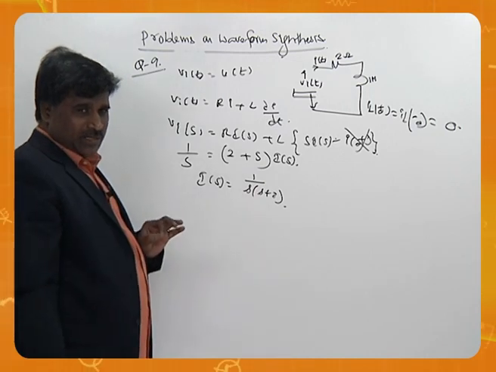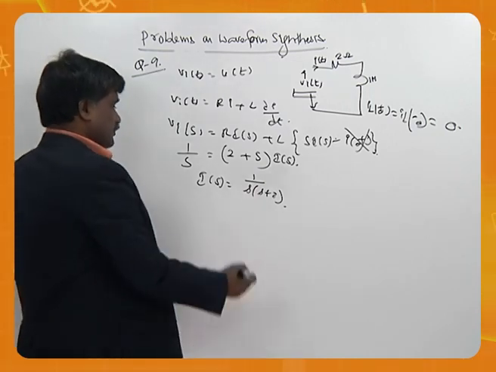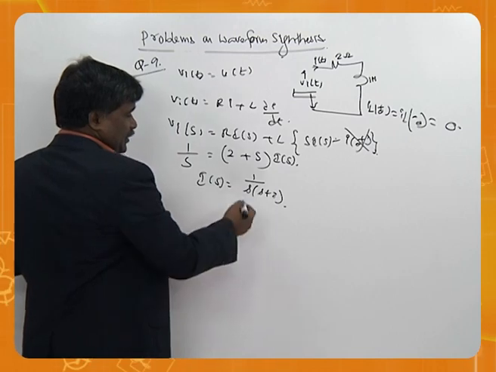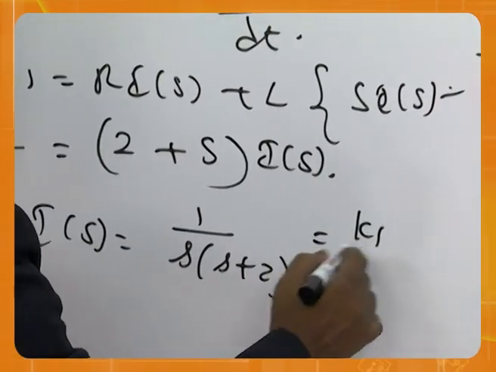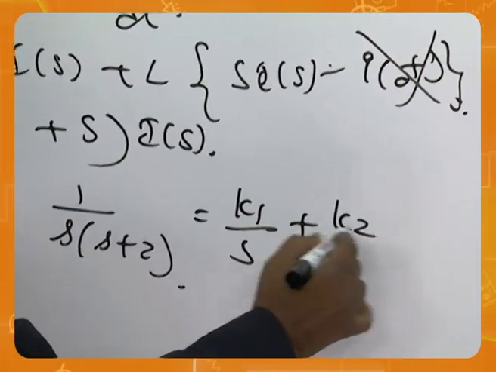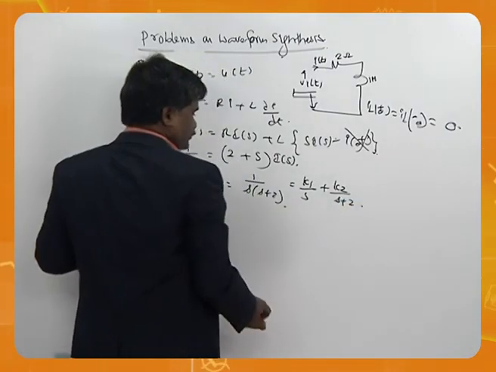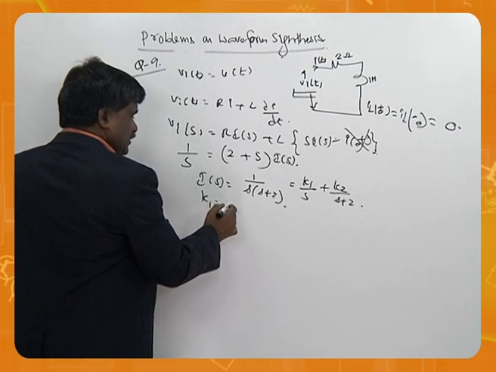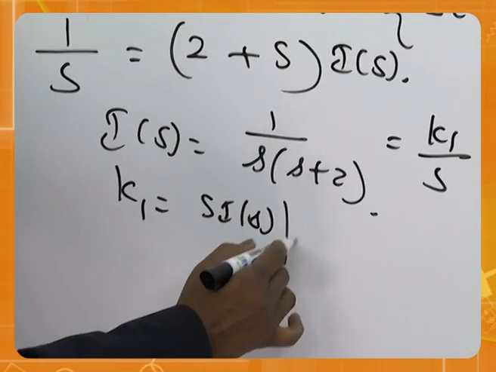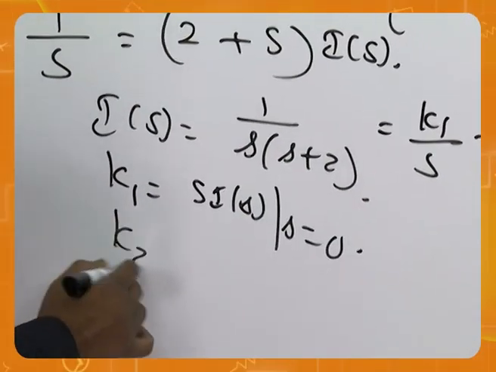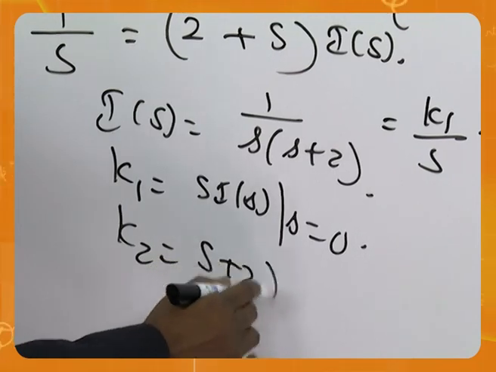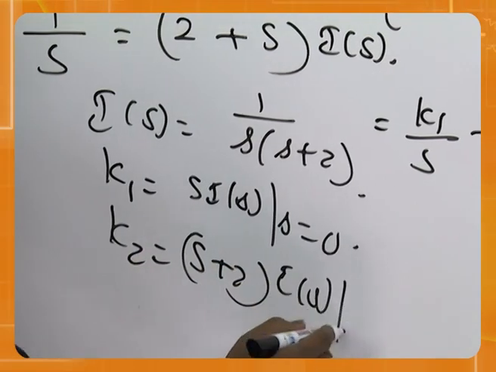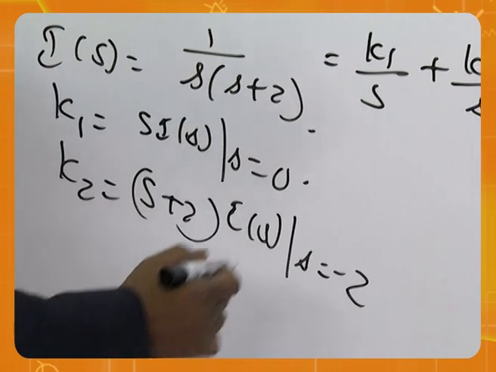That is only I of s, but he wants I of t. If you want i of t, the best thing you can do is partial fractions with s and s plus 2. What is K1? s into I of s at s equal to 0. K2 is s plus 2 into I of s at s equal to minus 2.